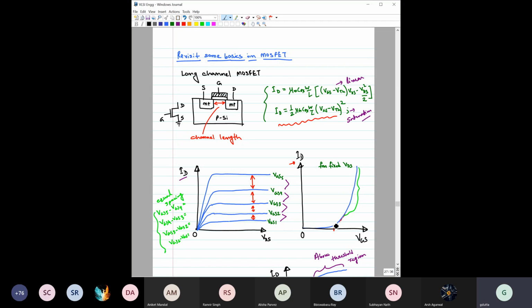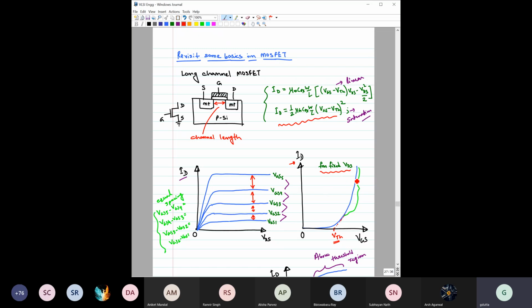Here, this particular voltage, after which the current will start, we call the threshold voltage. When you cross the threshold voltage, for a particular VDS, ID rises. Here VDS is fixed. For example, when plotting output characteristics, you fix one VG and plot the characteristics.